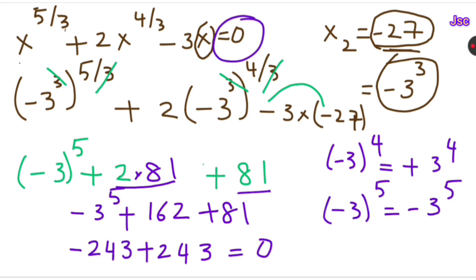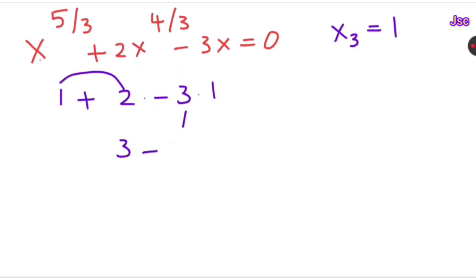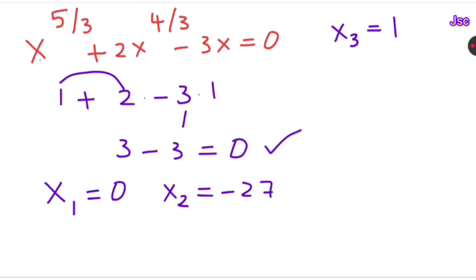This solution also satisfied our given expression. Take the last solution which we have, x equal to 1. That means the third solution also satisfied our given expression. That's why our solutions are 0, minus 27, then 1.